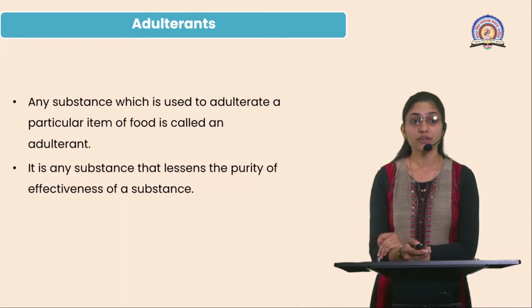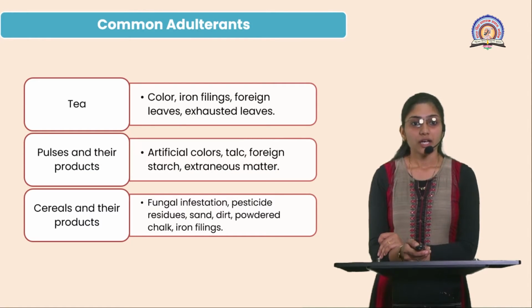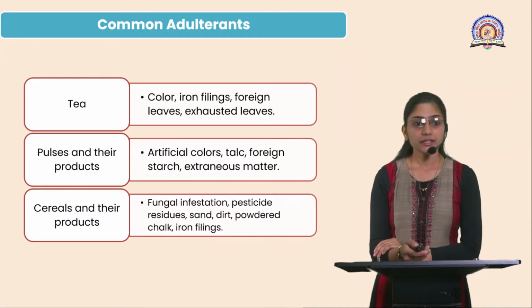So what happens when you add an adulterant to a food item? The purity of that substance gets reduced. Now you can see in tea, suppose tea is one food item, and in that tea the color, iron filings, foreign leaves, and exhausted leaf are the adulterants, the other substances present in the tea.